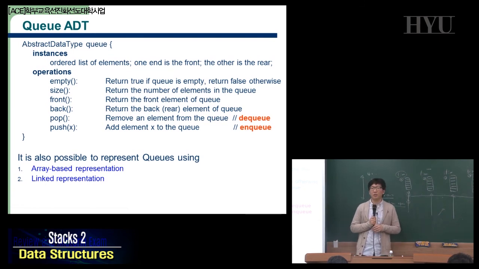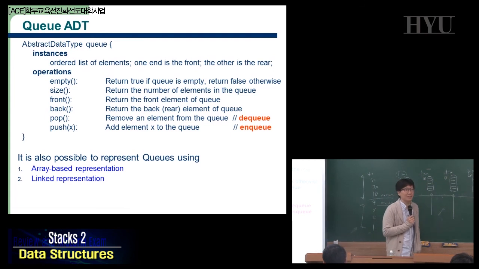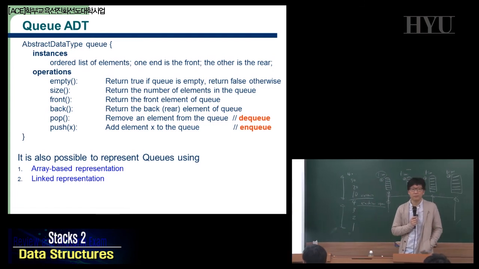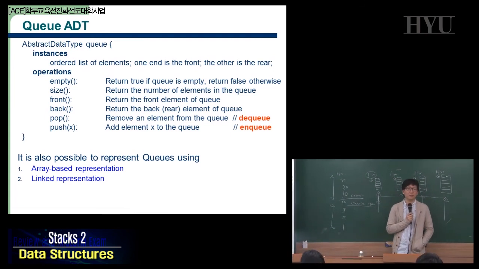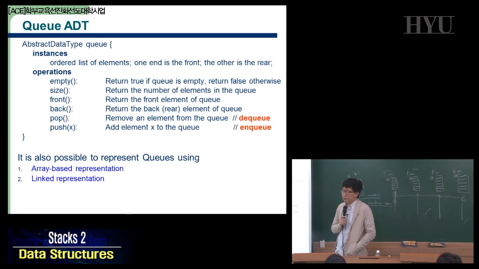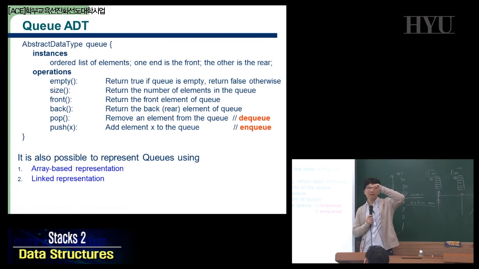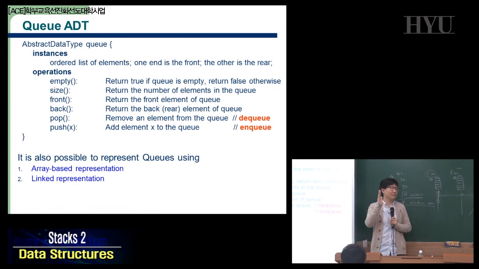What is the front? How do you look at the first element in the array list? Position at 0. That's the first element. Front. Back returns the back or rear element of the queue. If I put the front at 0, rear is at the back, but I have to find out how many elements are in the list first.